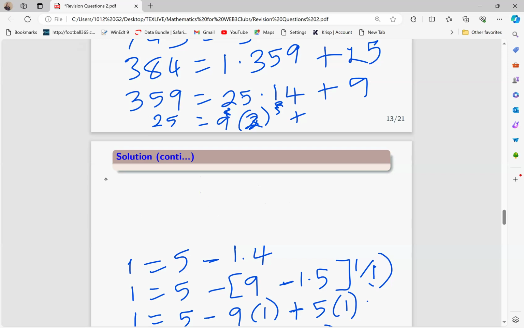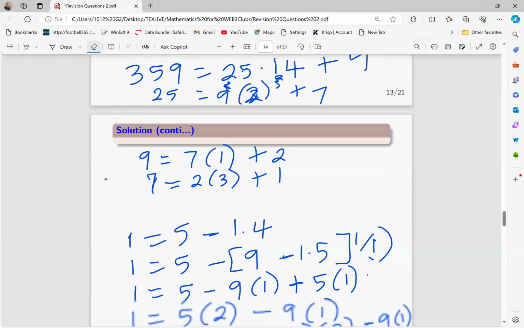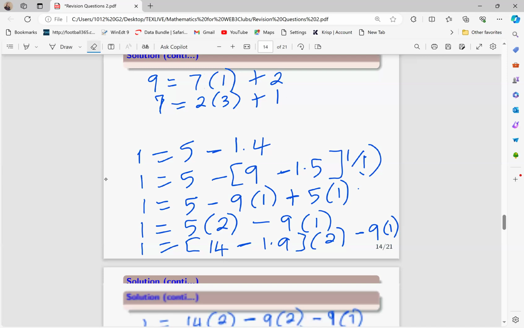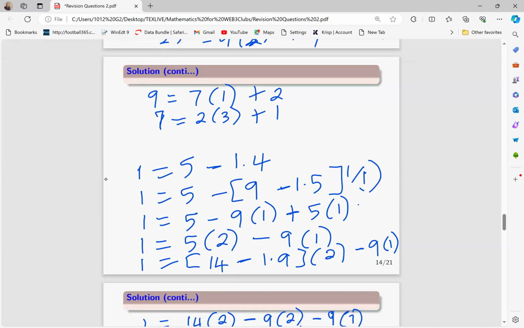Eighteen. There you go. Sometimes even if you had arranged them well, you look at the one that comes last.